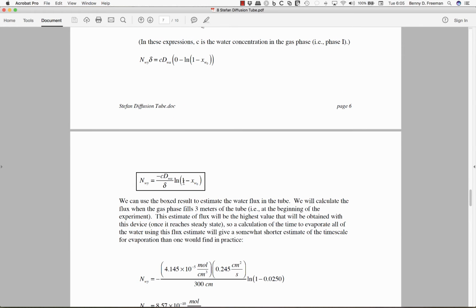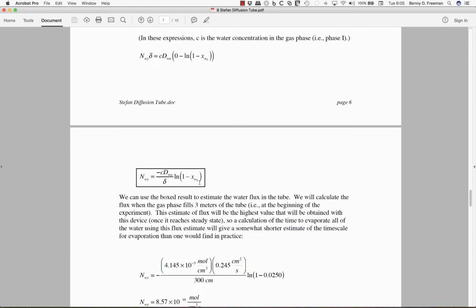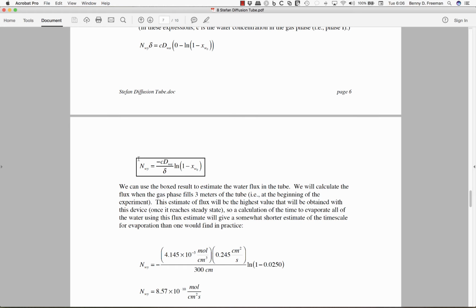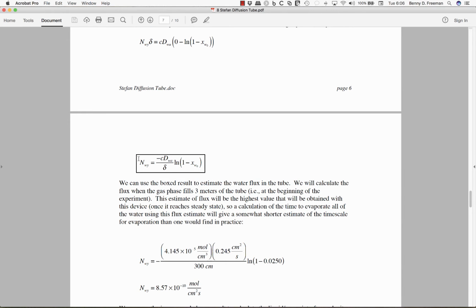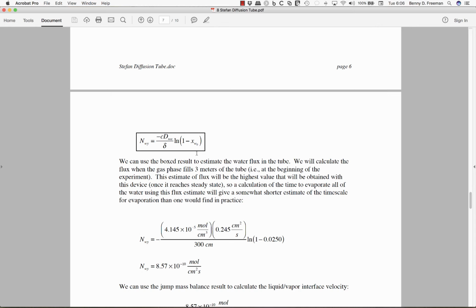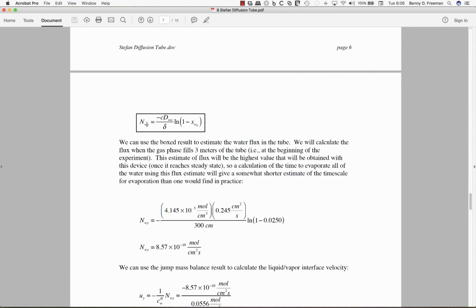And so we can calculate the water vapor flux using the boxed expression here on the top of page 7. We'll first calculate the flux at the beginning of this experiment, when delta is equal to 3 meters.